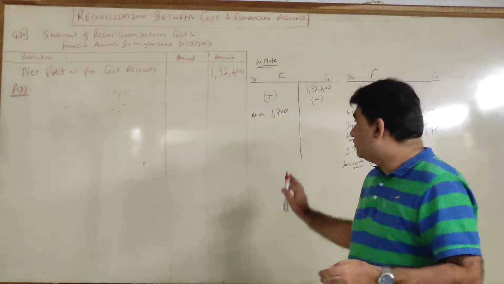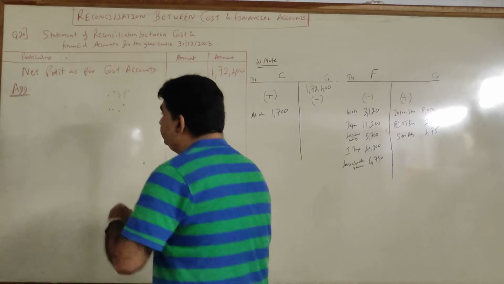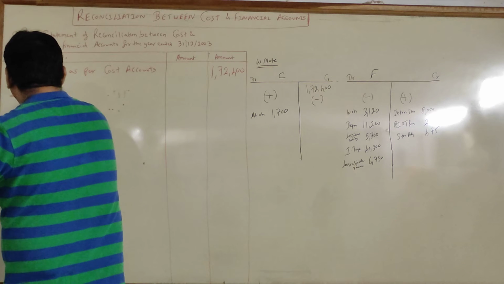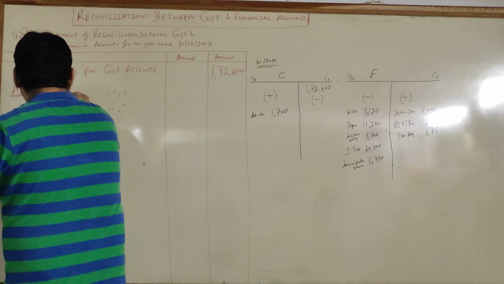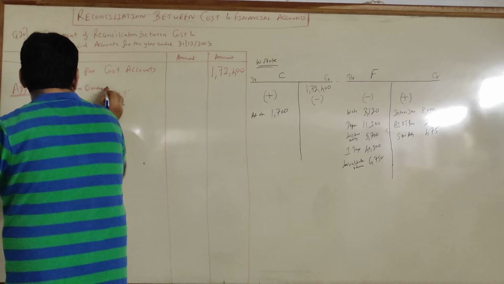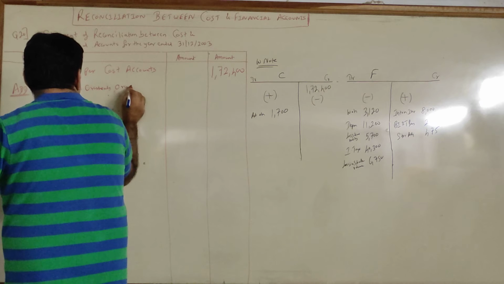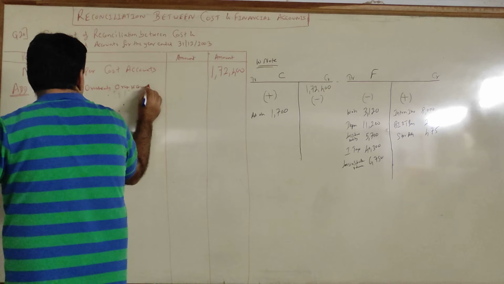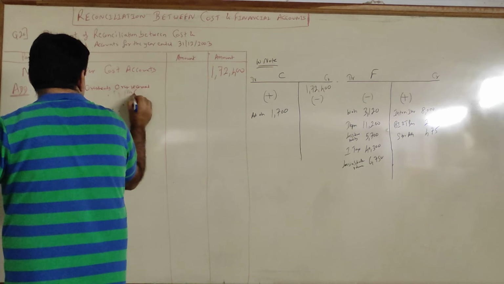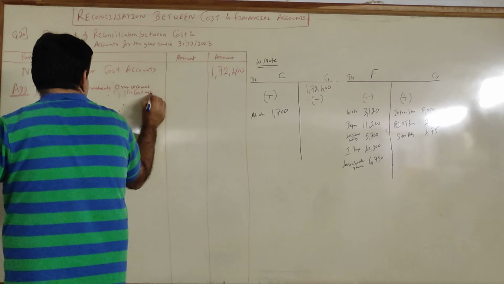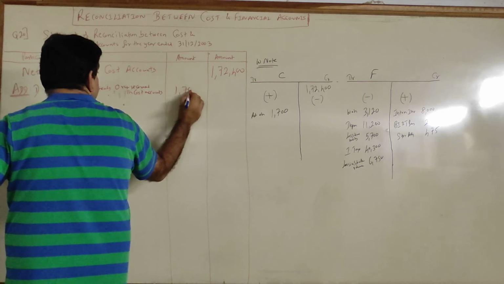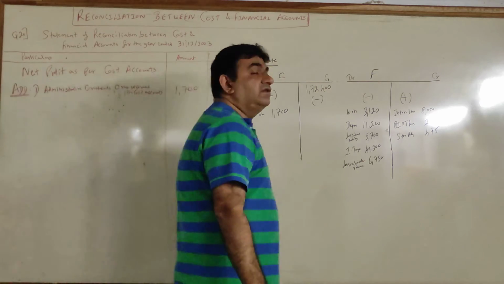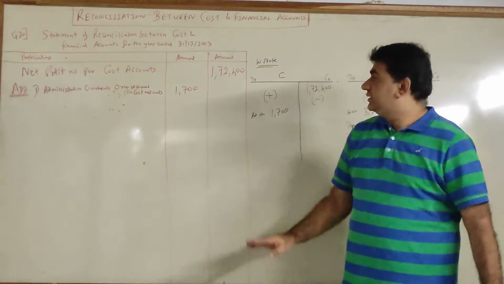Cost accounts. So come here and write first: Administrative overheads over recovered in cost accounts.